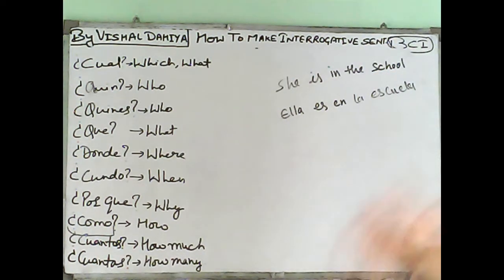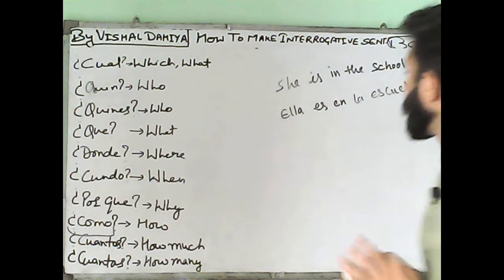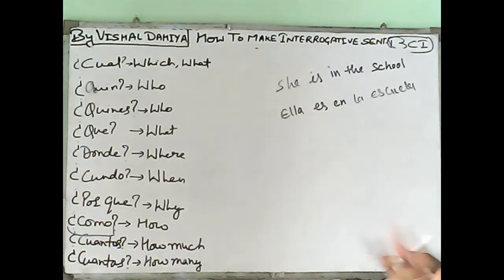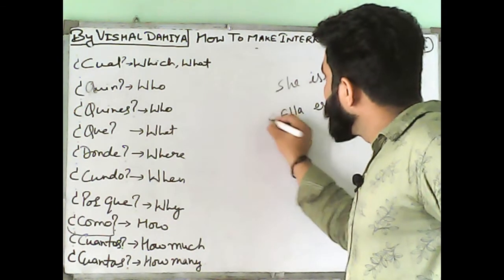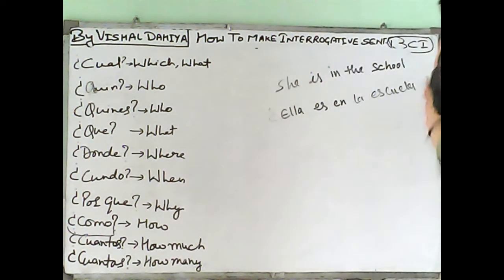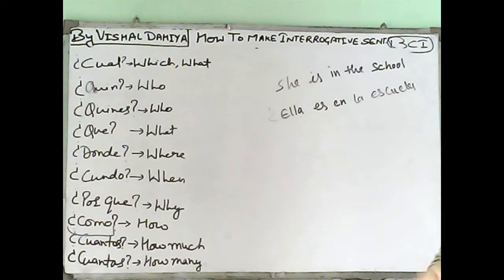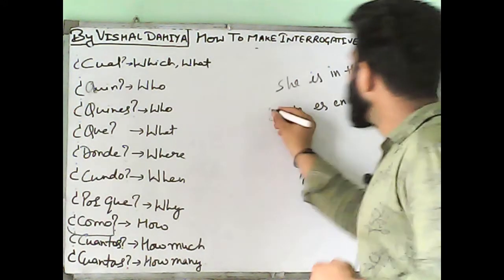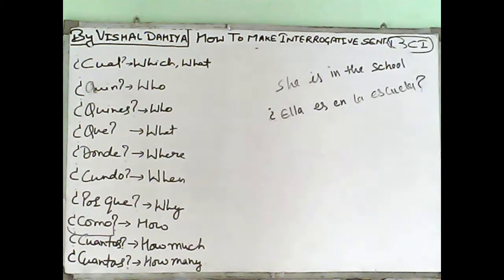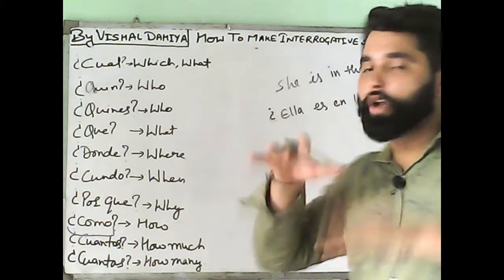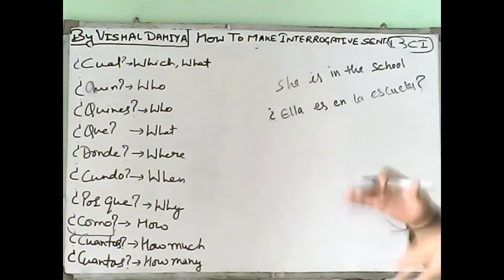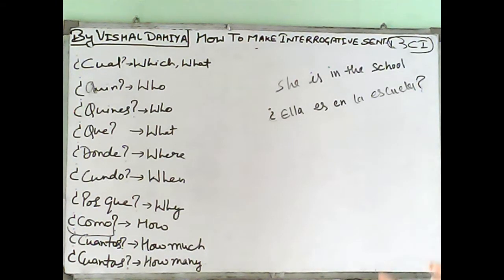But what should I do to convert it into an interrogative sentence? The only thing is, in the writing section, you have to use question marks on both sides, upside down and upright. But when it comes to speaking, it requires your voice modulation. You have to modulate your voice, right?